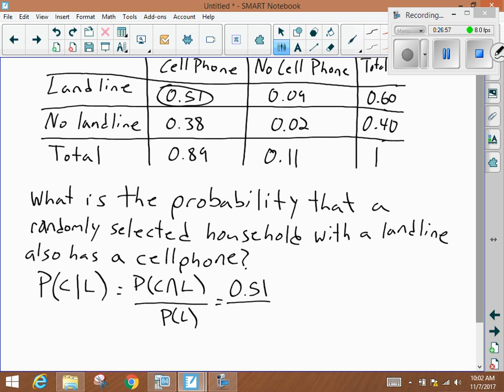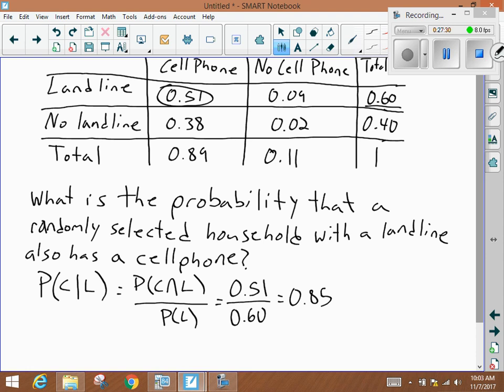So in this one, right? This one is the probability that you have a landline. So this one I should circle, which is going to be equal to exactly 85%. Boom. All right.